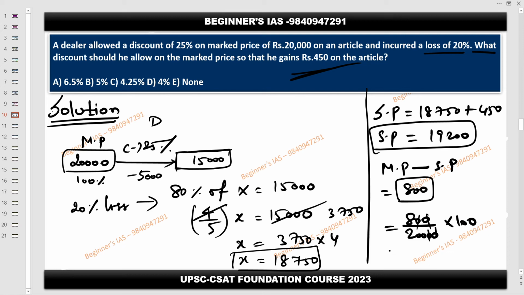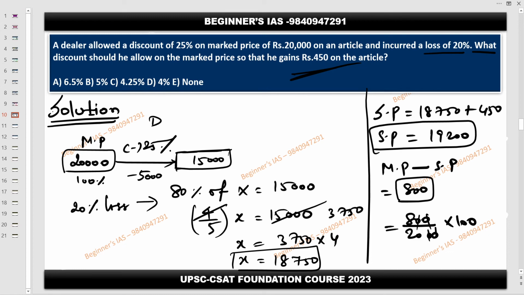Then here 8 times. We can cancel the 200 and the 100. Totally it will be 4.